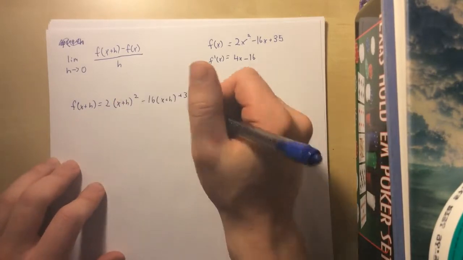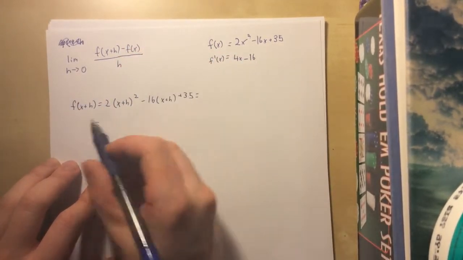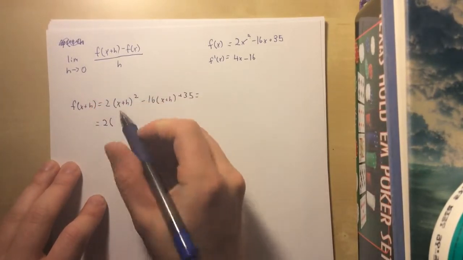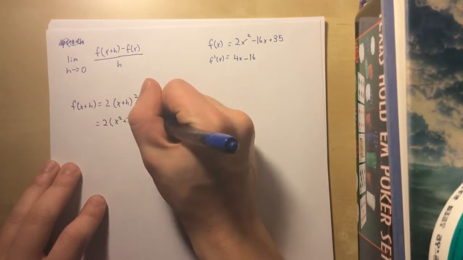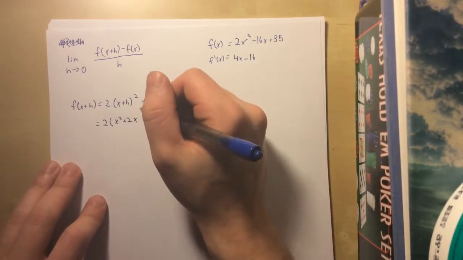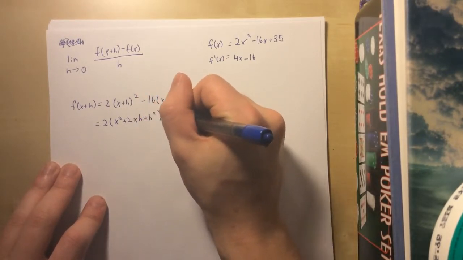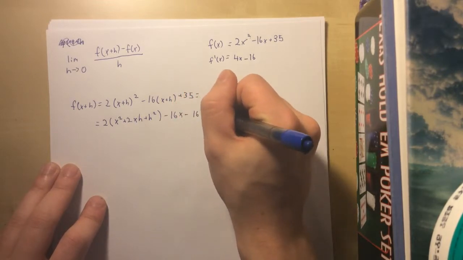And I'm going to go ahead and simplify that outside of the limit, just right here. So we have a 2 times the first term squared plus 2 times the product of the two terms plus the second term squared, minus 16x minus 16h.